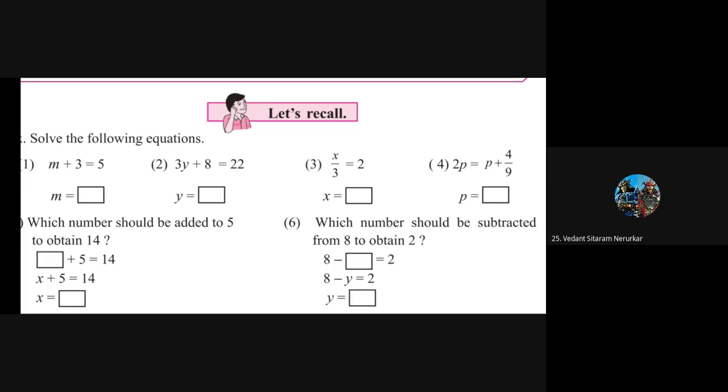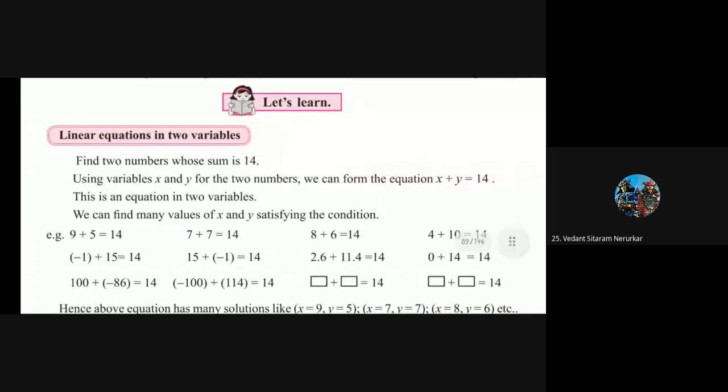So that's why it is an equation in one variable. But now we are going to learn equations in two variables. इसकी जरूरत क्यों पड़ती है, and what is the application of these linear equations in two variables, that we will try to understand. Okay, so now find two numbers whose sum is 14.